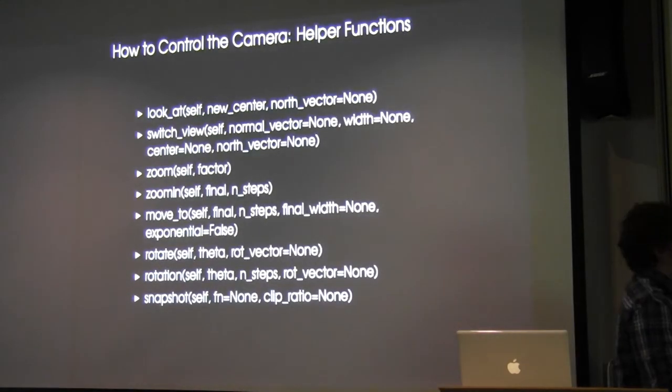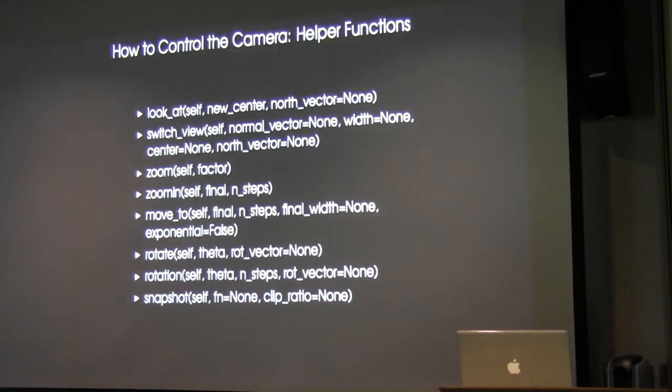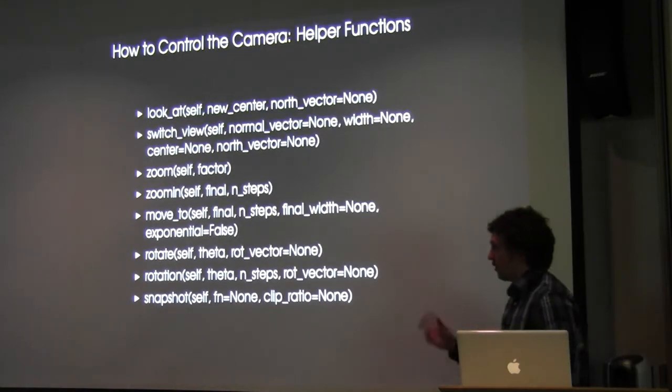You can then have a move to function which slowly moves your camera to a final location over some number of steps. You can also change the width while you're moving. Then other useful things are rotate, which is a single rotation, and then rotation, which is a set of frames that you slowly rotate over.